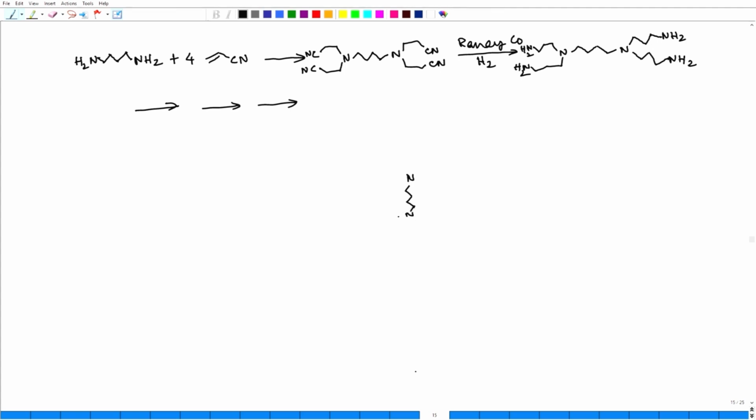Then you have 1, 2, 3 nitrogen. Then I will have 1, 2, 3 nitrogen.